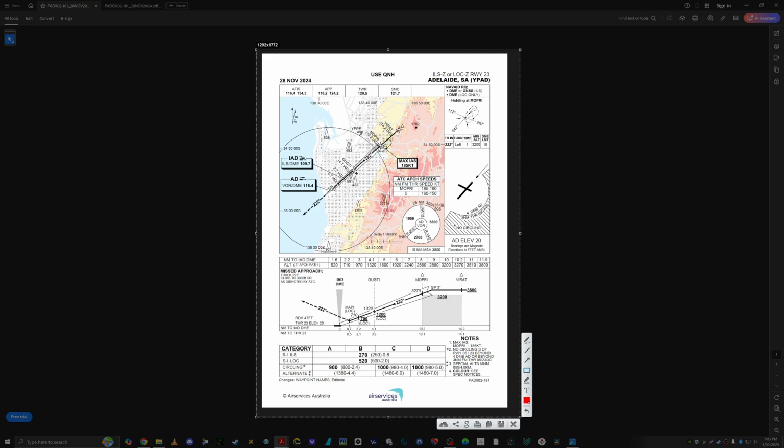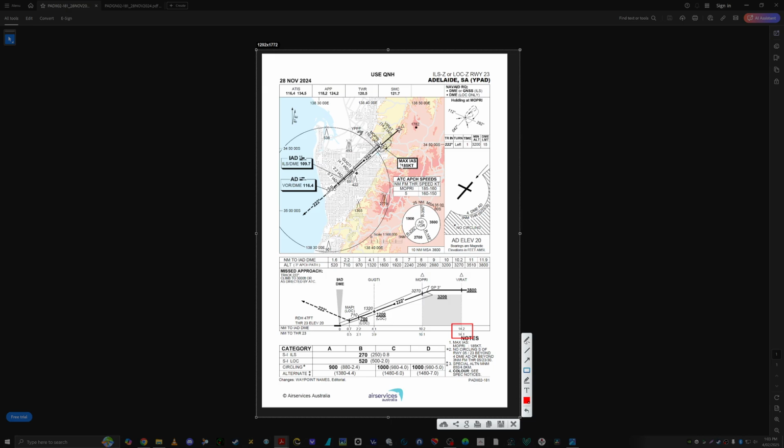If you have a look at this, this is where the approach starts from Virit, and it's signified there on the profile view. Virit is 14.2 DME nautical miles to the IAD, which is the ILS.